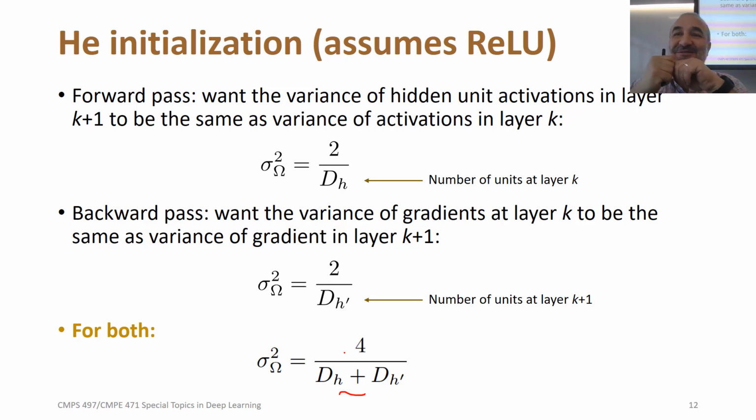Is this. And it has to be set per layer. That's why I said the variance can be different across layers, right? The variance of the weights, because it depends on the number of units before and after. Okay, the weights are between two layers, right? So this way, this is what we call He initialization.